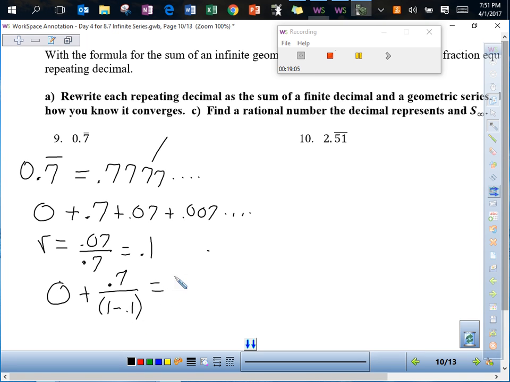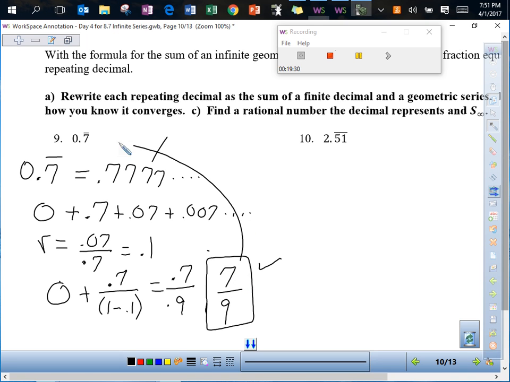So I've really got 0.7 over 0.9. Slide your decimal place over on each of them, aka multiply by 10. So there we have the fraction 7/9. If I confused you on that one, hang with me, it'll come clear really fast. And then guys, check this on your calculator real fast. 7 divided by 9, make sure you get back to 0.7 repeating.